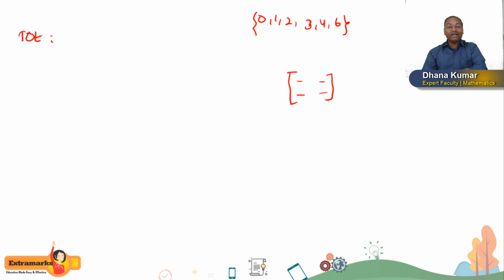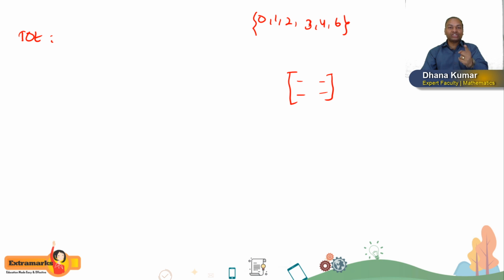Here what are the elements? 0, 1, 2, 3, 4, 6. Total how many? 6 elements are there. A 2 by 2 matrix means we want 4 elements, and all 4 elements are different. So you have to select 4 elements from 6 elements.